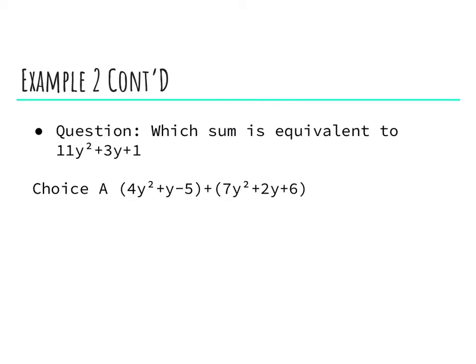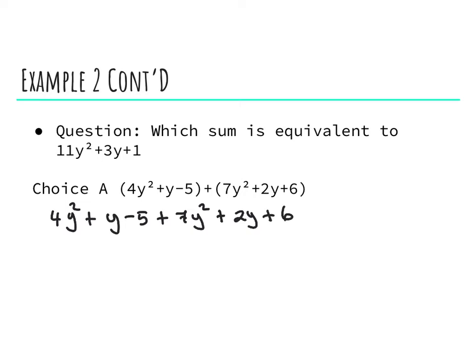So let's look at our first choice. When we add this, we have 4y to the second plus y minus 5, and we're adding to that 7y to the second plus 2y plus 6.